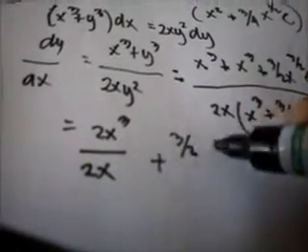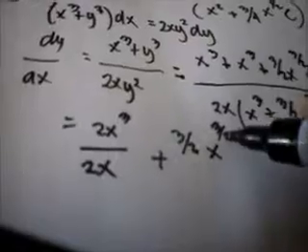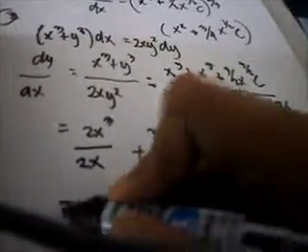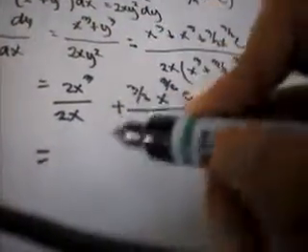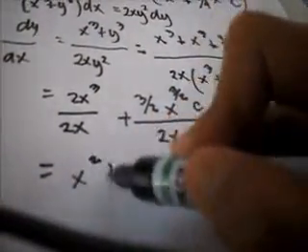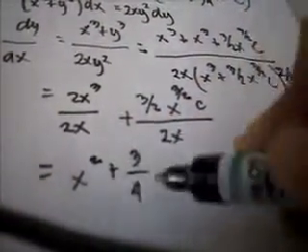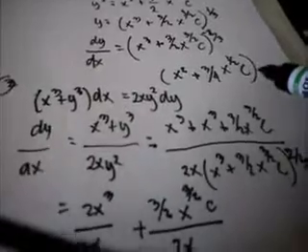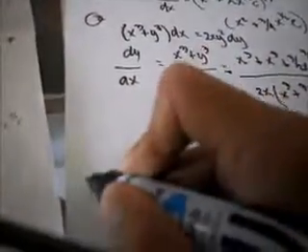So 3/2 x to the 3/2 c over 2x, and we get x squared plus 3/4 x to the 1/2 c, which is just equal to this term. So we now get an identity.